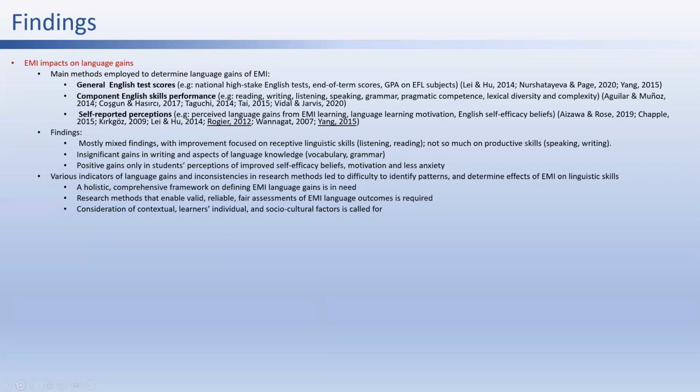Here, the EMI impacts on language gains. As I mentioned, the main methods employed to determine the linguistic gains of EMI include general English test scores, with examples such as the National High Stakes English Test, end of term scores, and GPA on English as foreign language subjects, and component English skills performance, like scores in reading, writing, listening, speaking, grammar, or pragmatic complexity, which are all considered.